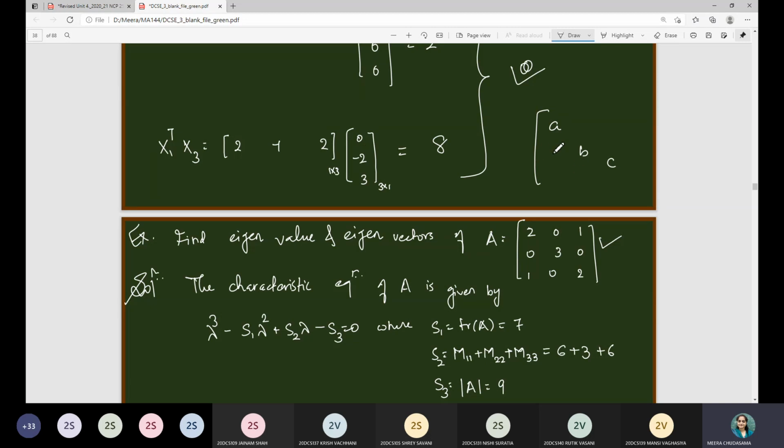A symmetric matrix will always be of this form. Let me rewrite it. Diagonal elements A, B, C can be anything, but the cross diagonal elements you will see are always the same. This is the nature of the symmetric matrix.